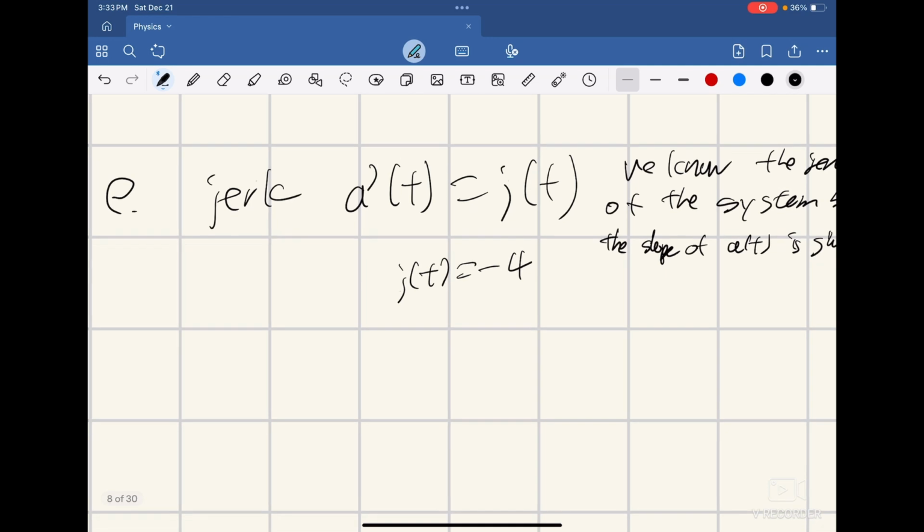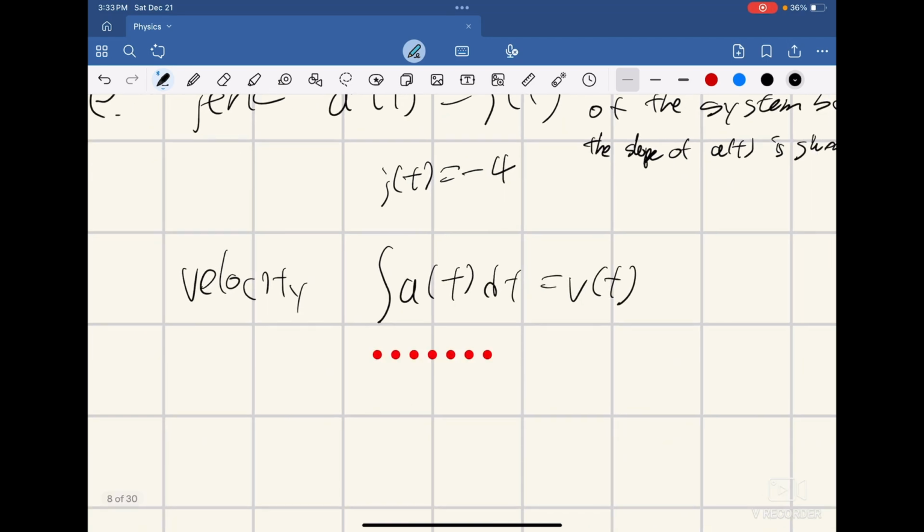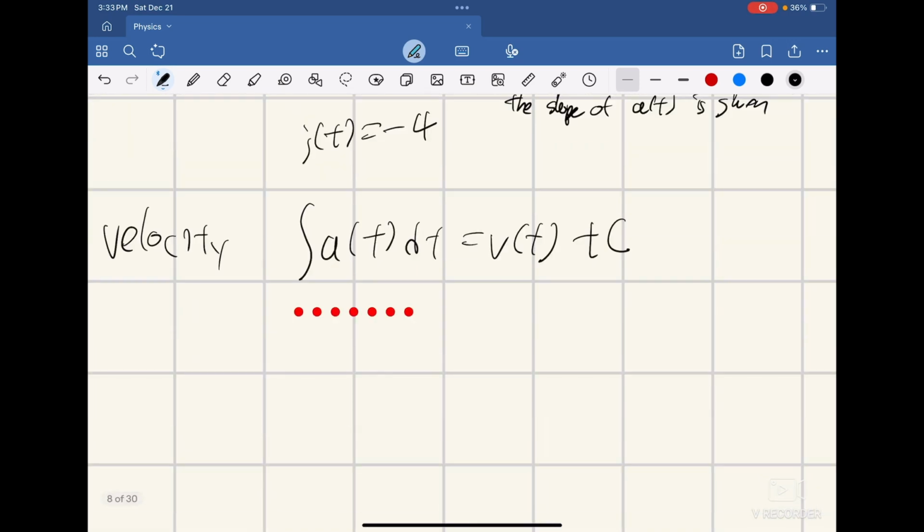The other thing we can find is velocity, because the integral of A(t) dt is equal to v(t) plus c. However, we are going to assume here that the velocity at the start, so c, will be 0, and so will x(t). This is done just so that the next few problems make sense and aren't too confusing.